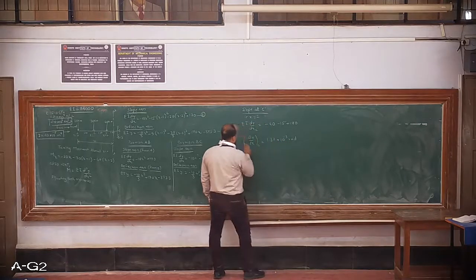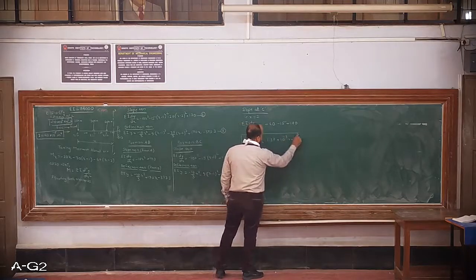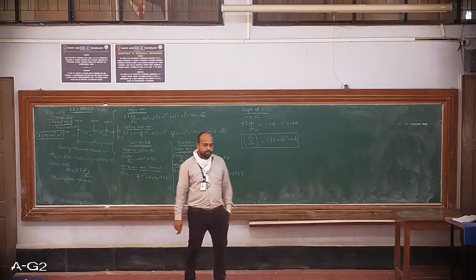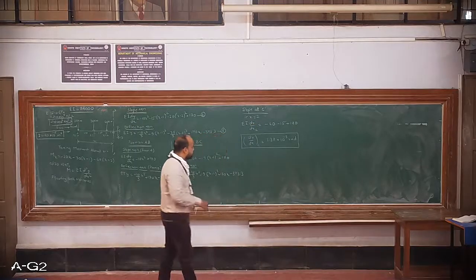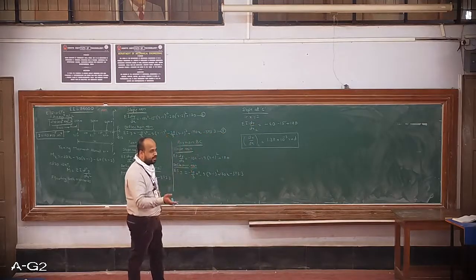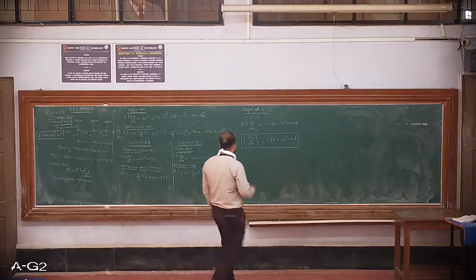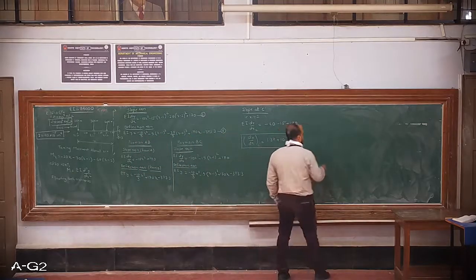This is slope, the unit is radians. Deflection we calculate in meter or millimeter, depending upon, but usually you write it in mm. So meter to millimeter is 10 to the power 3. That conversion should be done. Okay. We are not finding at D.